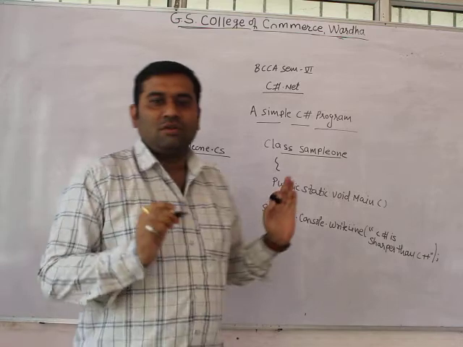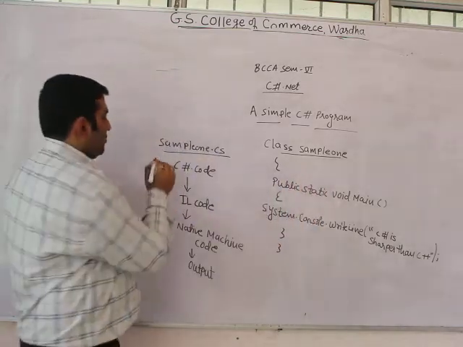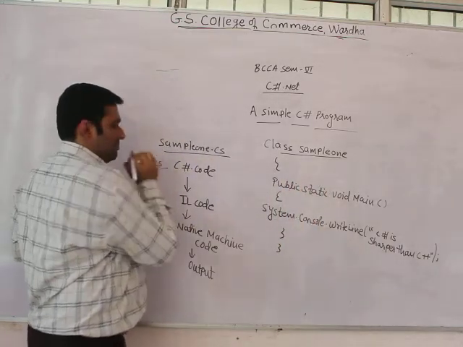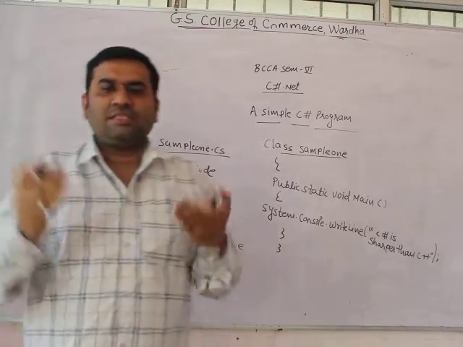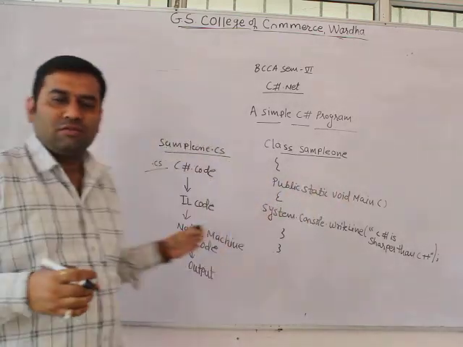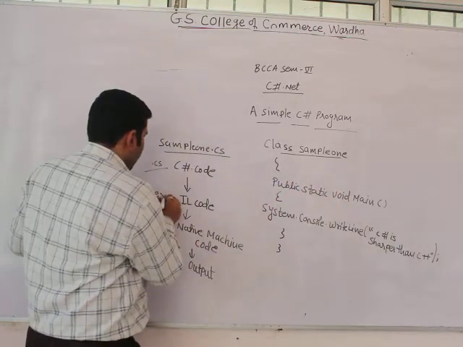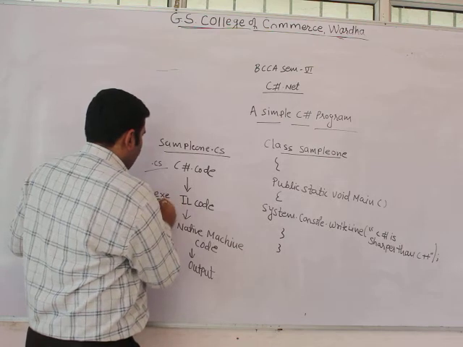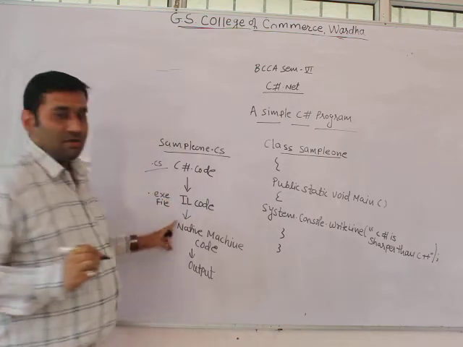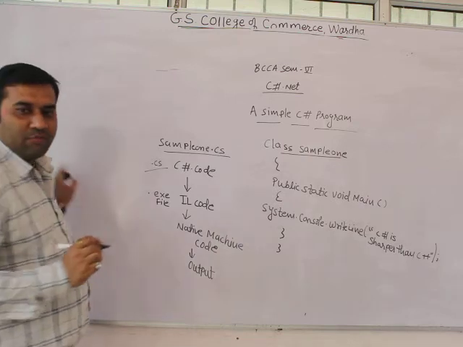C# code is saved with the .cs extension. Then C# compilation creates the IL code in an .exe file, which is converted into native code.